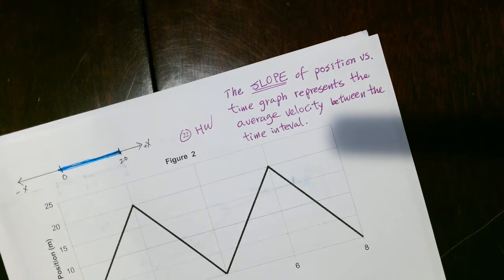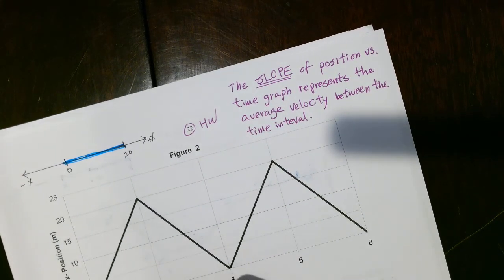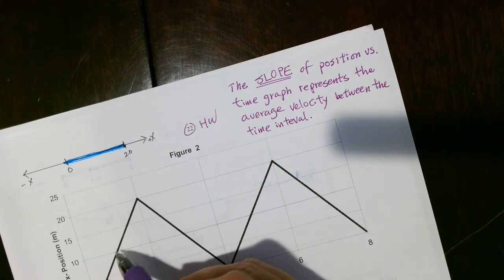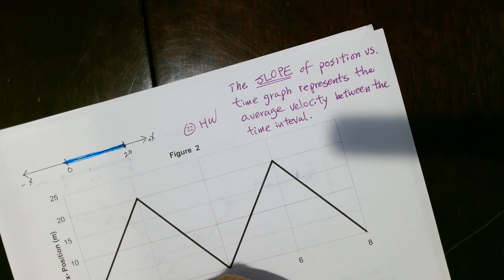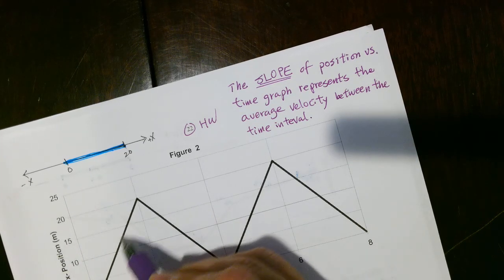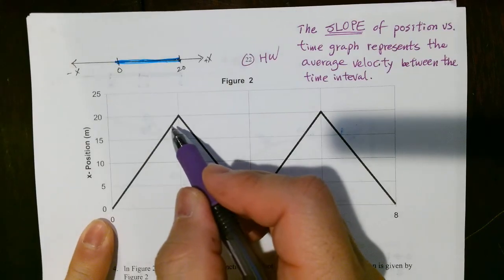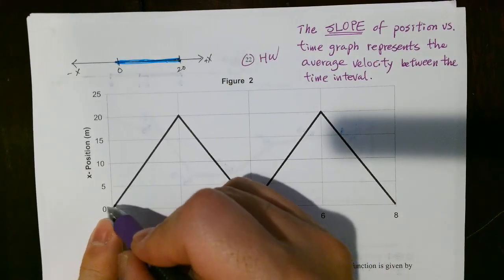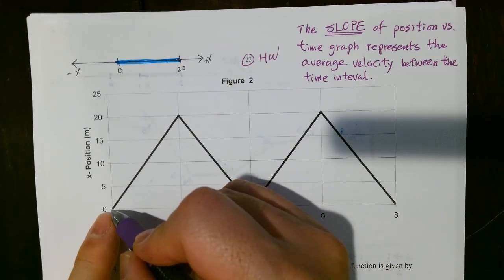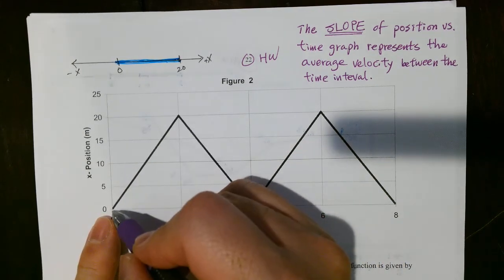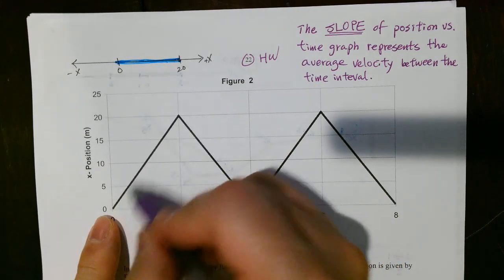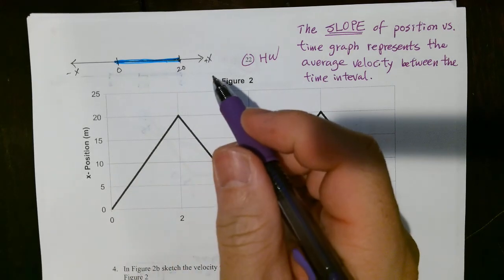Now the slope from here to here, they're all going to be constant slope, looks like, from 0 to 2 seconds. So if we find the slope from one critical point to the other, we could just find the whole slope that way, because that looks like a constant slope.